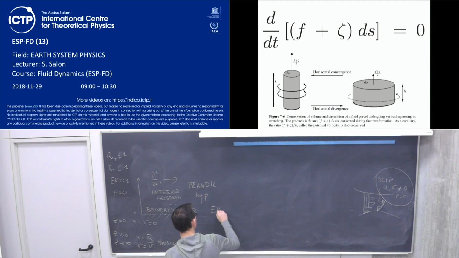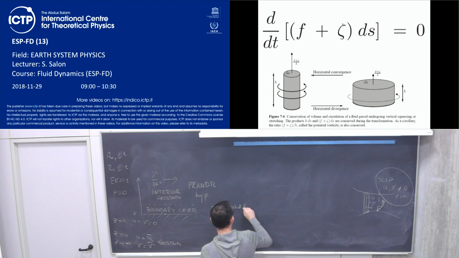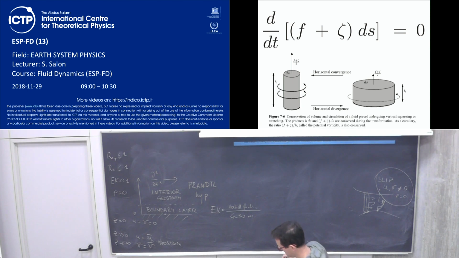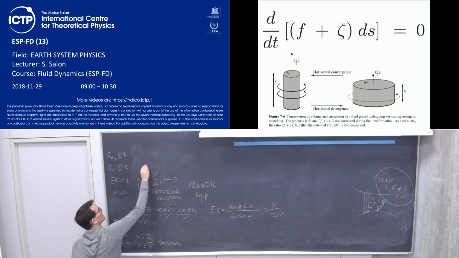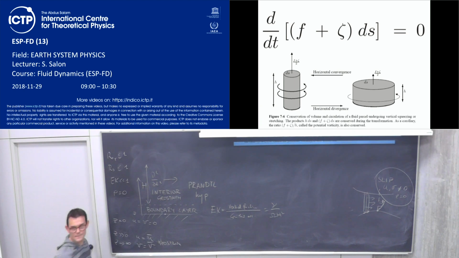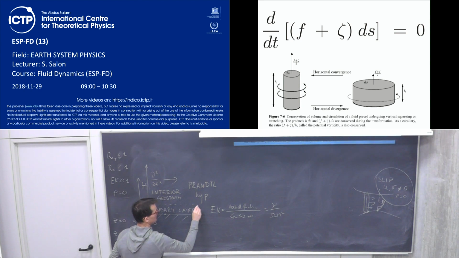So Ekman, that is the ratio between the vertical friction over the Coriolis acceleration, is equal to nu over omega H squared. So H, actually capital H, is the scale of the interior. Okay? While for the boundary layer, we will have a scale which is D.